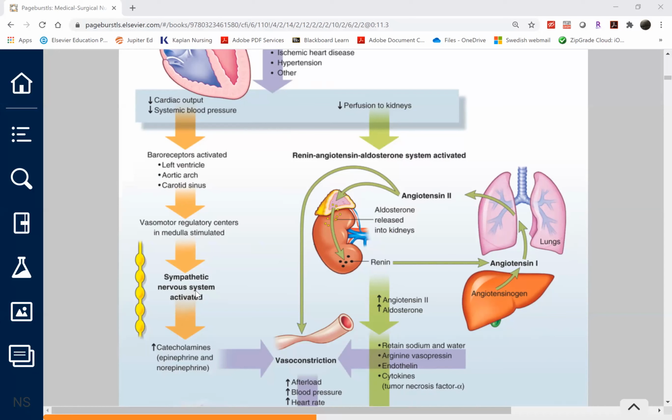How much oxygen is the heart now consuming, because it's now working harder, working faster? The question was, how much oxygen is the heart now consuming because it's beating faster?